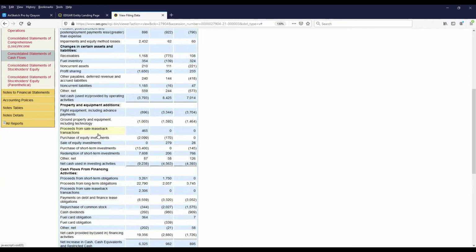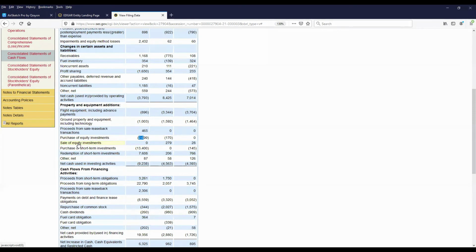Typically, airline companies buy, for example, from Boeing, the aircrafts, and then sell it to, for example, banks like City Capital. And then they lease it back from City Capital. So when they sell, they receive money from City Capital, for example, which is $465 million. Okay, purchase of equity investments. It is possible that companies buy some other companies' shares. How much? $2 billion amount.